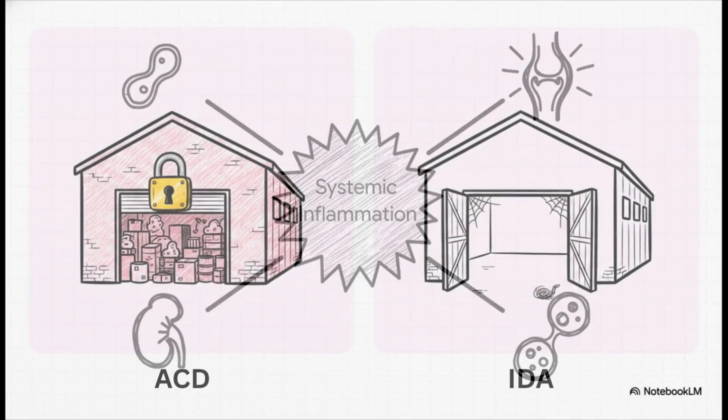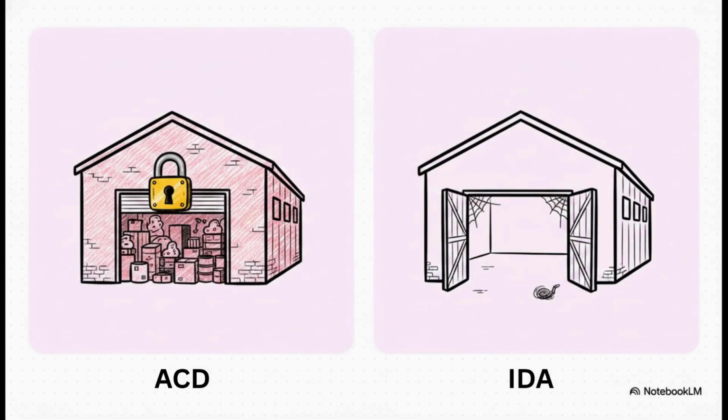But here is the major plot twist. The iron isn't actually depleted from the body. Instead, inflammatory cytokines like IL-6 cause the body to hoard iron, trapping it inside macrophages. This makes the iron completely biochemically unavailable for red blood cell production in the bone marrow.